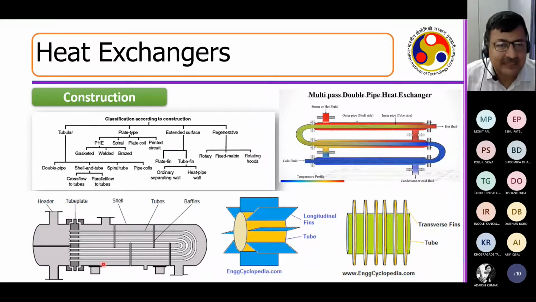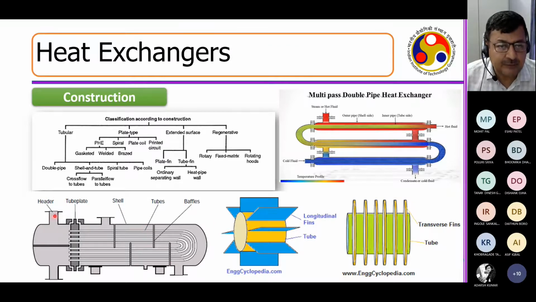There is one inlet and outlet here, and then one inlet and outlet here. This outer case is the shell side. Through this, one fluid is coming in and the same fluid is going out, flooding this particular chamber in a big way.